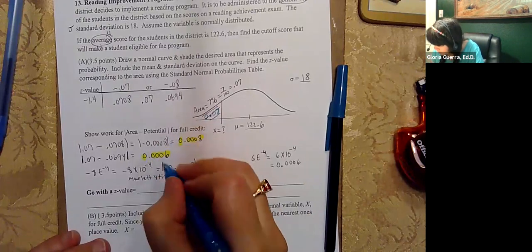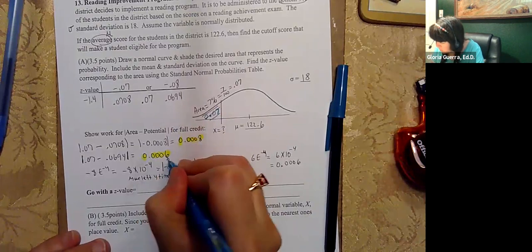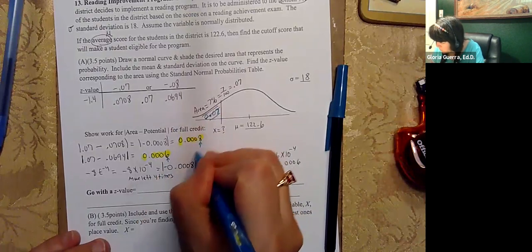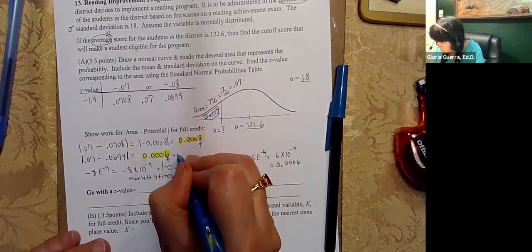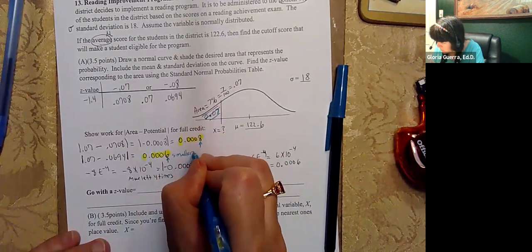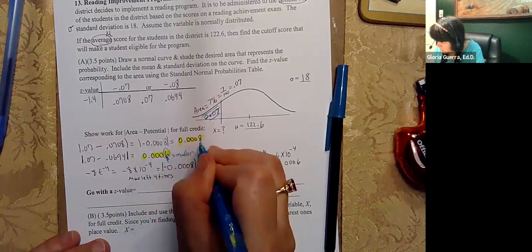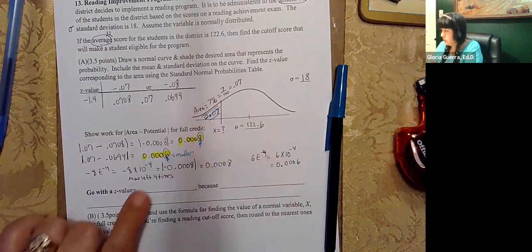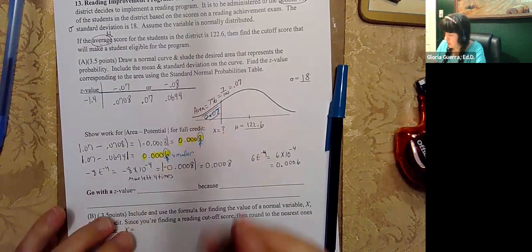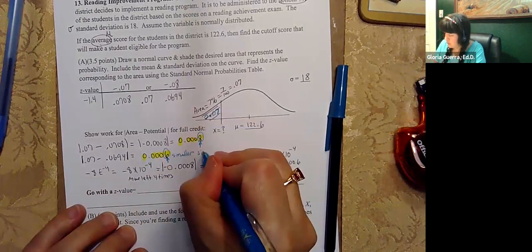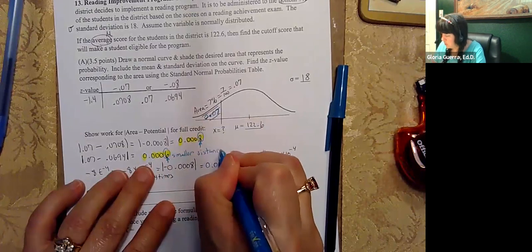This one is a 6, which is smaller, and this one is an 8. 6 is smaller than 8, so you want the smaller distance. This one has a smaller distance.